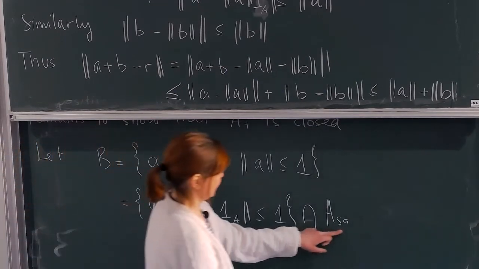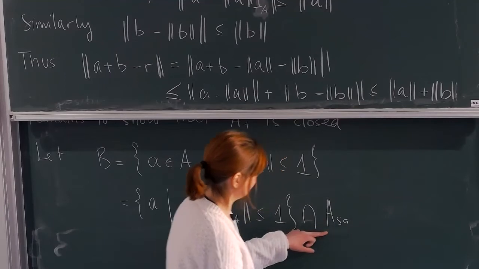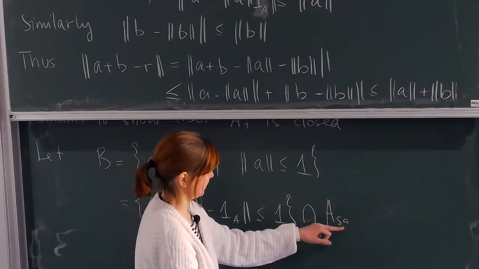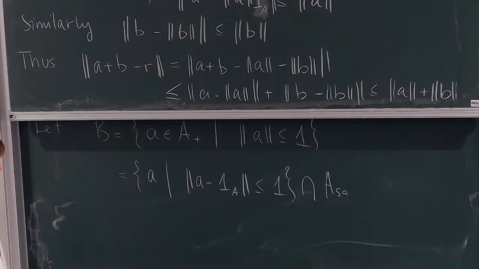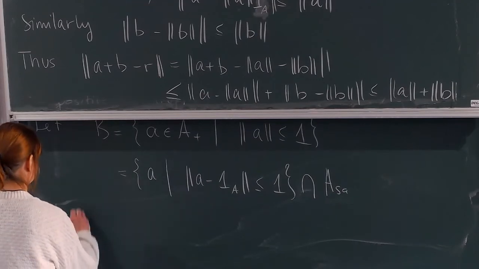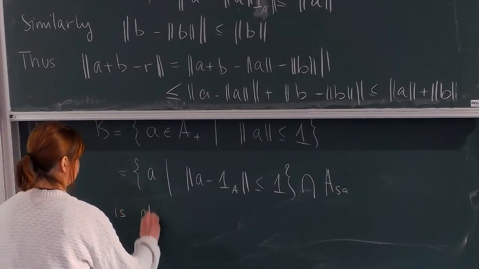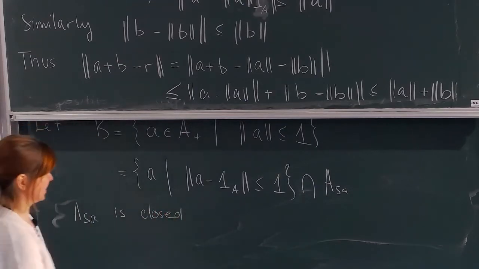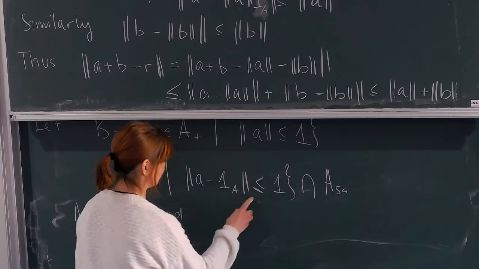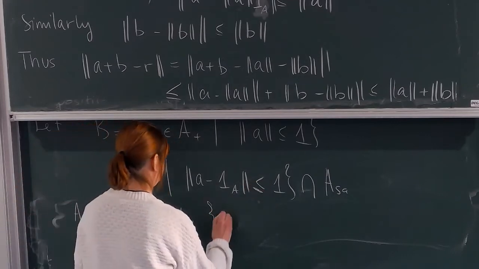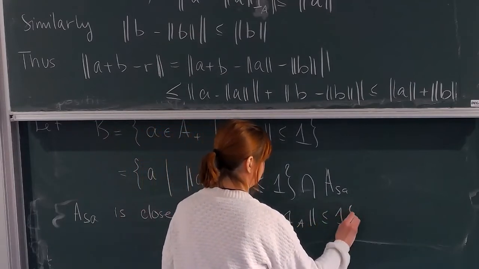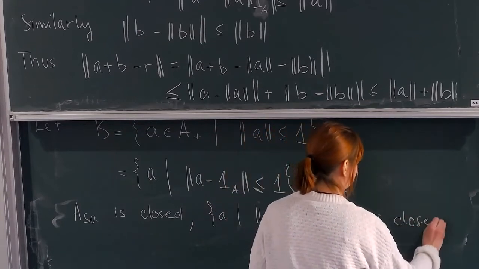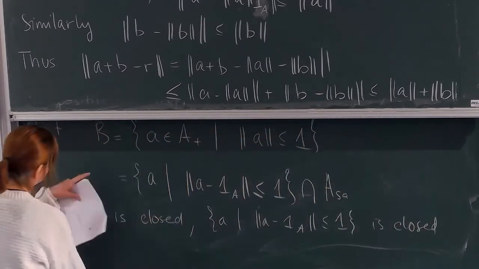Now, it's fairly obvious, I guess, that the set of self-adjoint elements is closed. So any limit of self-adjoints will again be self-adjoint. And since we have this less than or equal condition here, it's clear that so is this set. So the set B here is the intersection of two closed sets, so itself is closed.